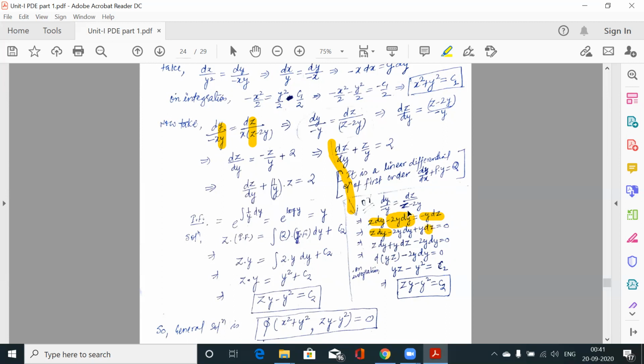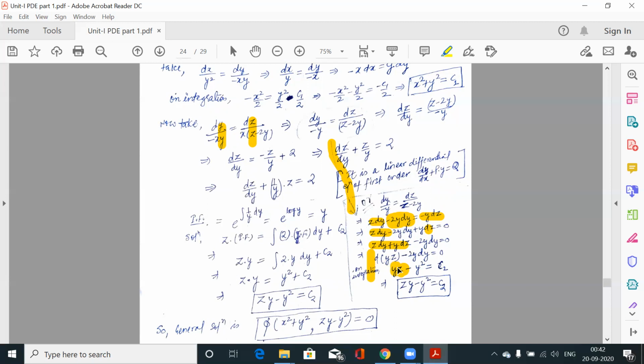But if we have written these two terms like this, z dy plus y dz, we can write this as d of yz. So now this is integrable because this is the exact differential of yz. So the integration of this term would be yz.